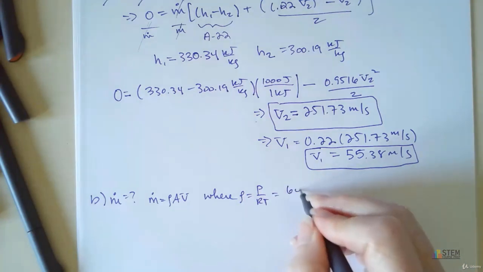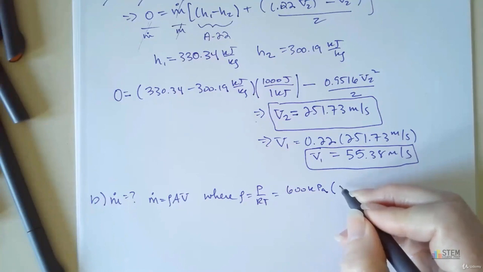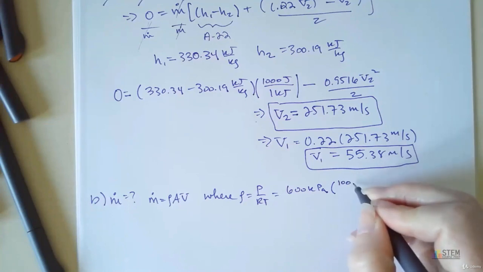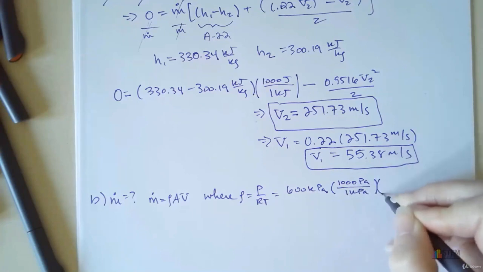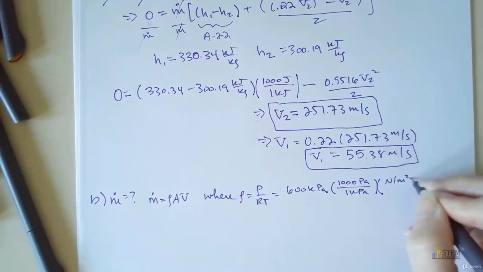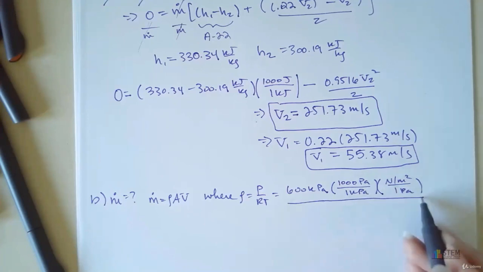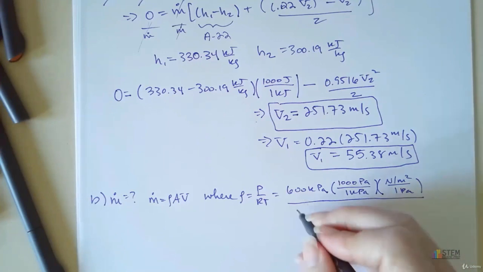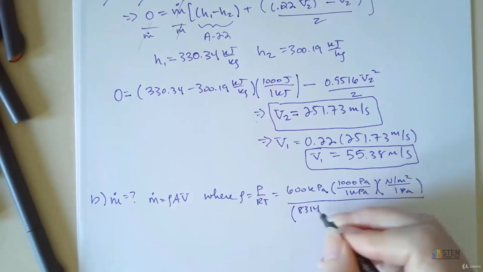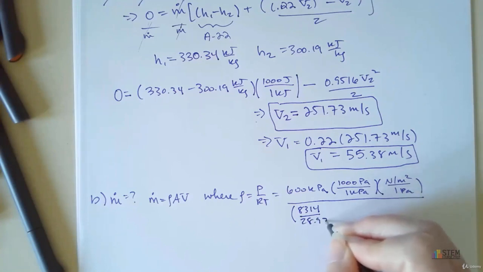Numbers here, we're going to have 600 kilopascal. And we need to do some conversions here. We're going to switch it over to pascals first. Then let's go to newtons per square meter. So that'll be the numerator. And then we're going to put that over R times T. So we got the 8314 number, and then put that over 28.97.